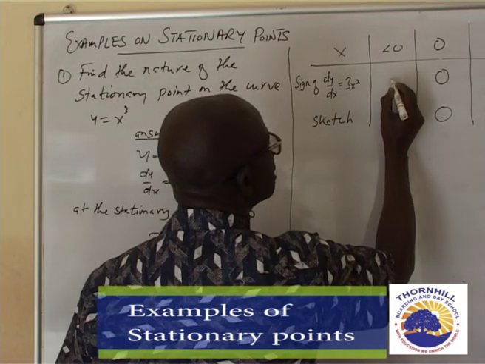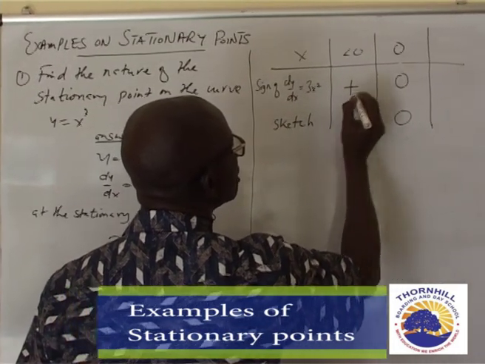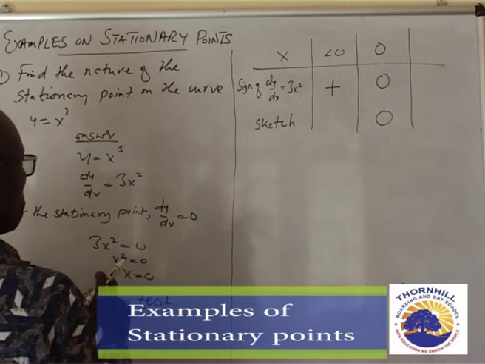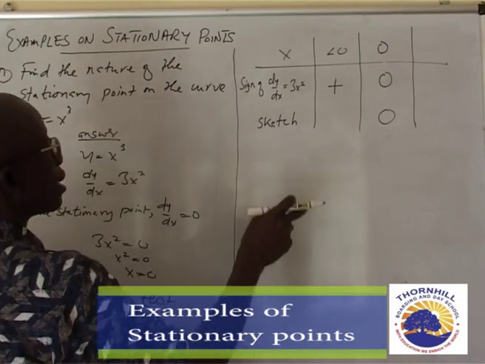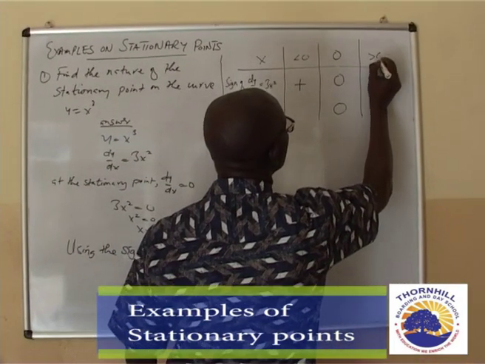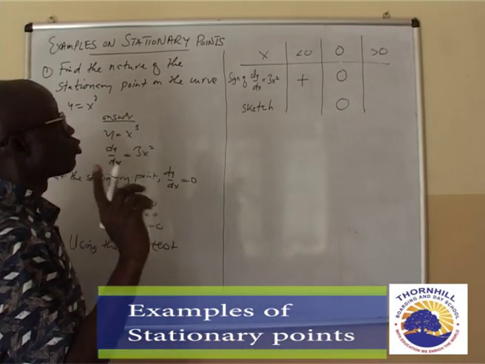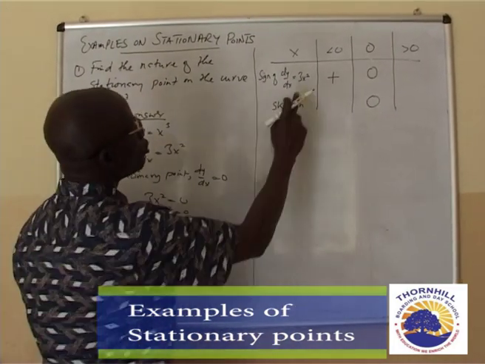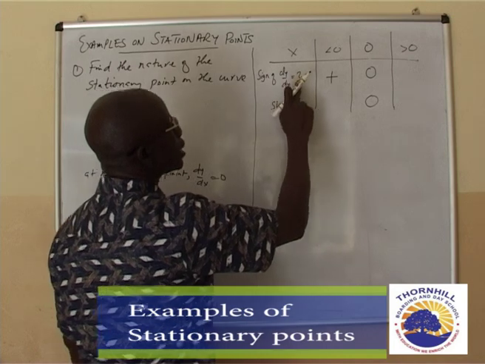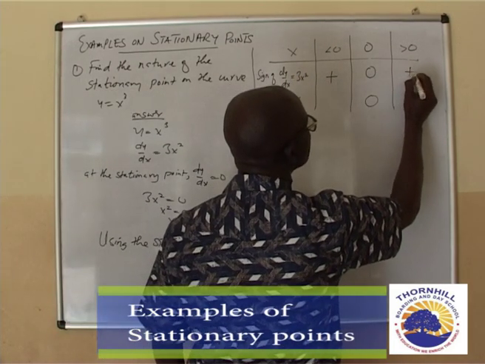So this is positive. Then we pick a number which is greater than 0, 1, for example. You put 1 here, 1 squared is 1, times 3, 3. This is also positive.